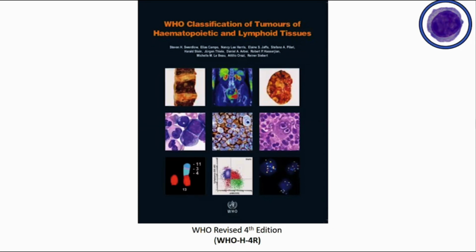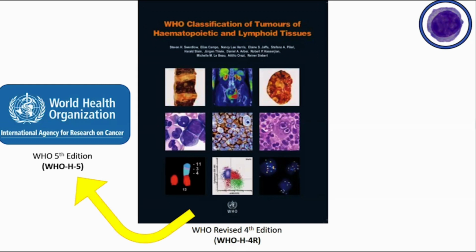But after many advancements in things like targeted therapies, and as we know more about the molecular biology of some of these cancers, many felt that updates were necessary to some of these entities in the 4R. And while updates are certainly appreciated and encouraged, unfortunately, that has led us to a dichotomy of classification systems.